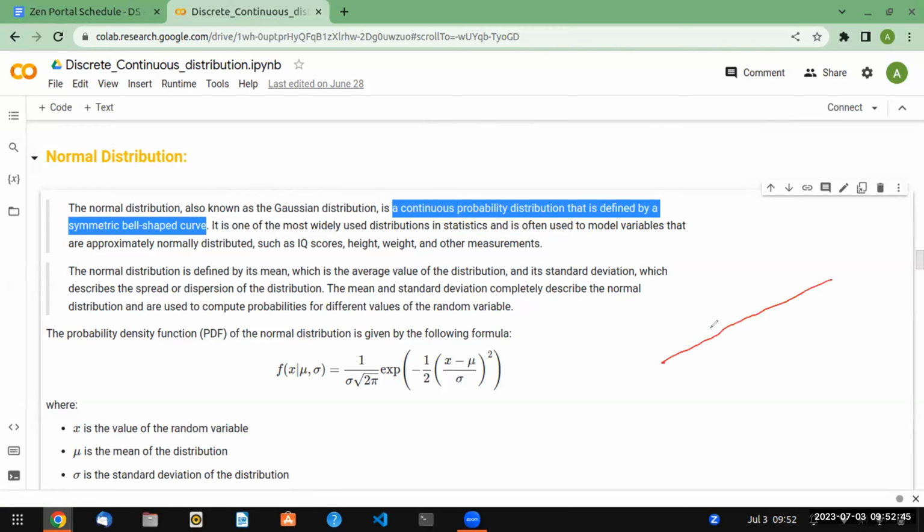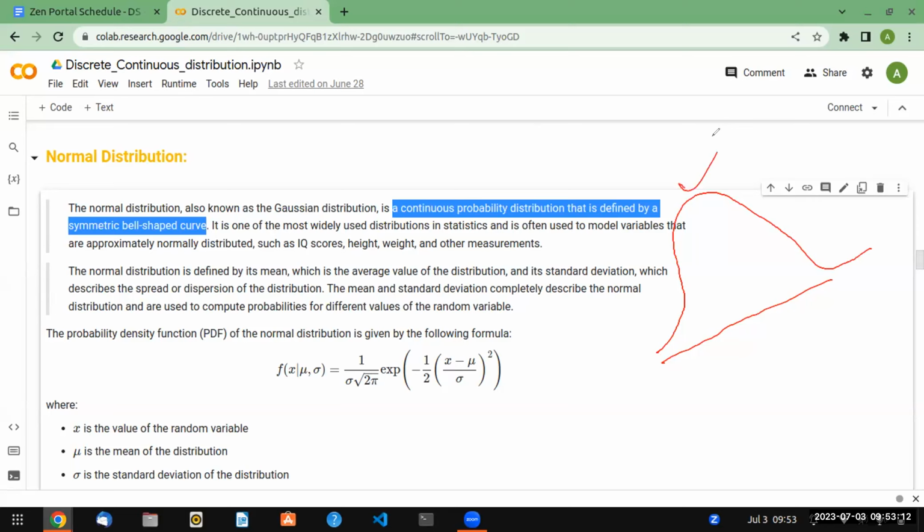Now, if you see something like this, this means the data. If you plot your data, we'll see in the code also. We'll try to plot in the code and visualize whether this type of shape is coming or not. But suppose you plot your data and the data is coming out of this shape.